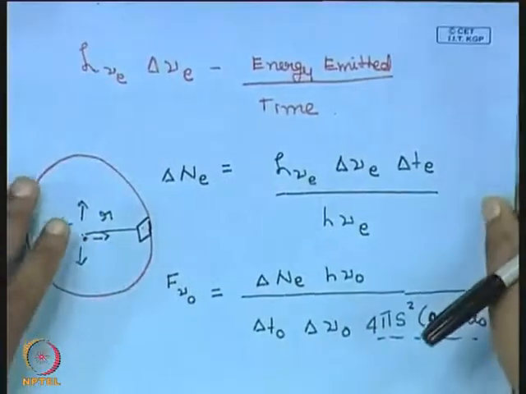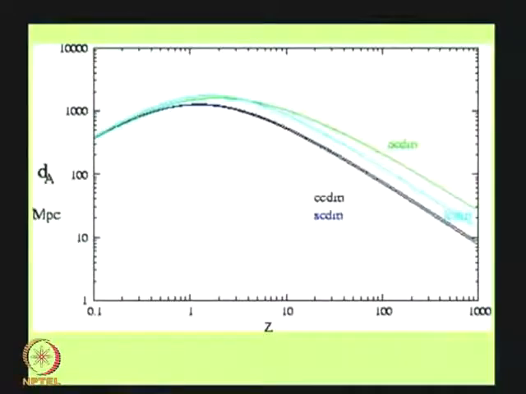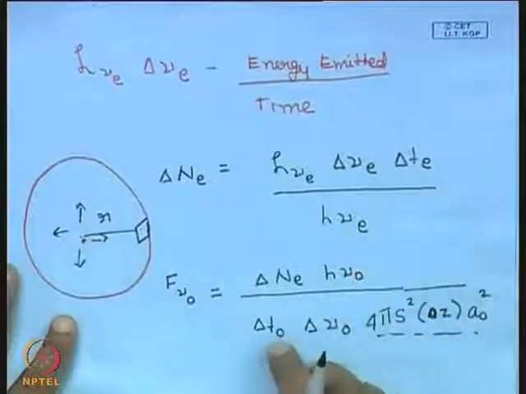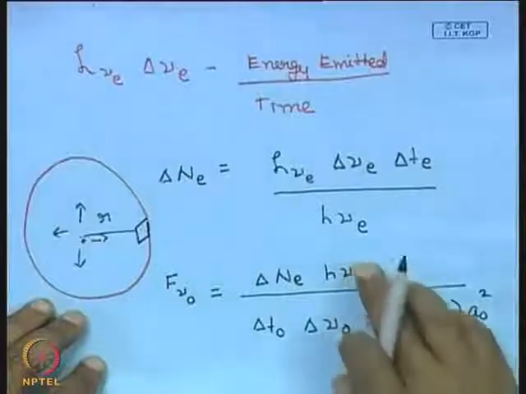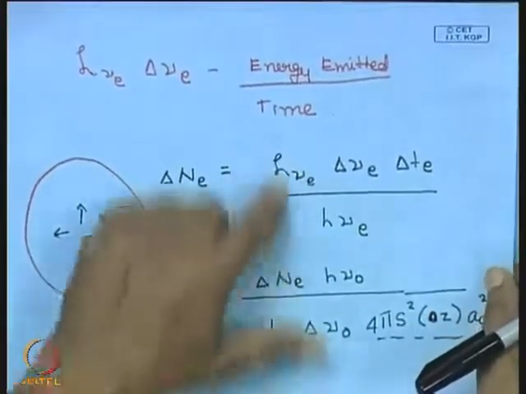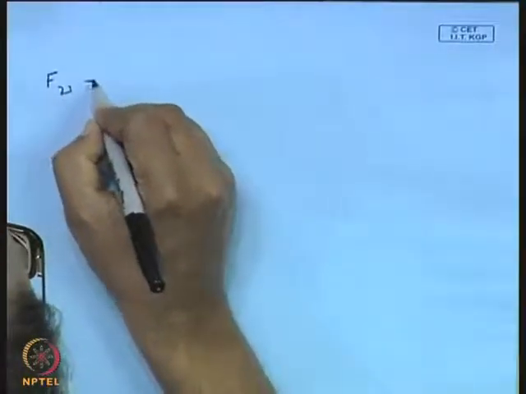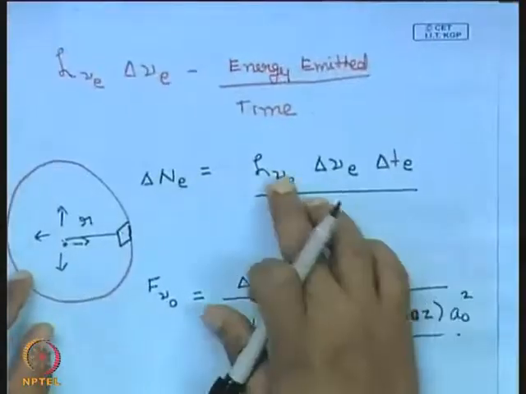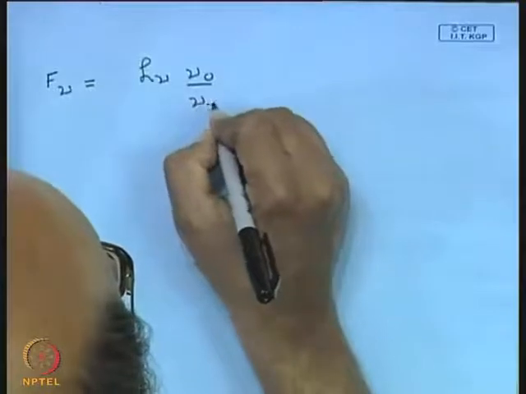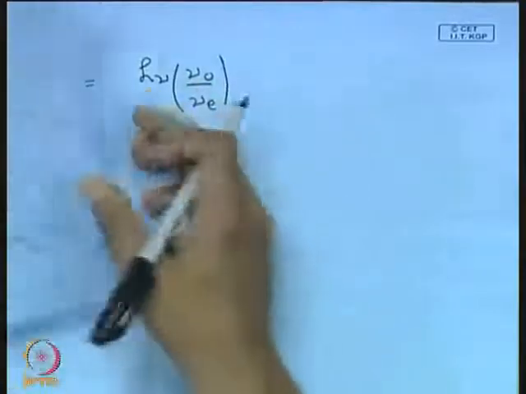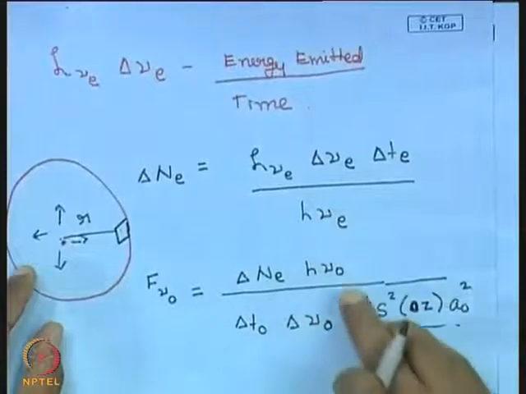So now you see we have to determine the ratio of the observed frequency to the emitted frequency. So what we will have is that the flux is equal to the luminosity, and then I will have here nu observed by nu emitted, coming from this and this.